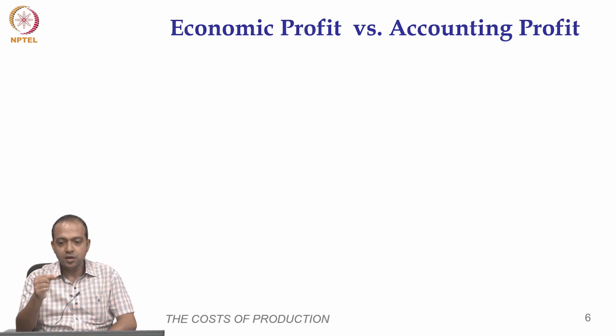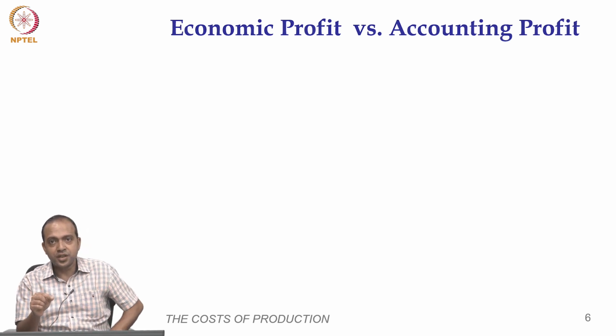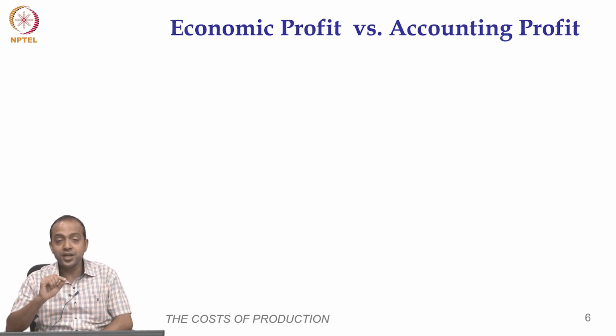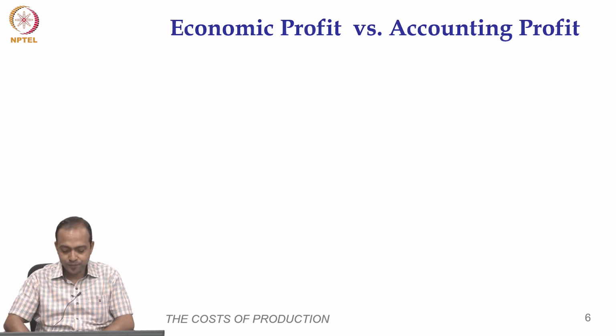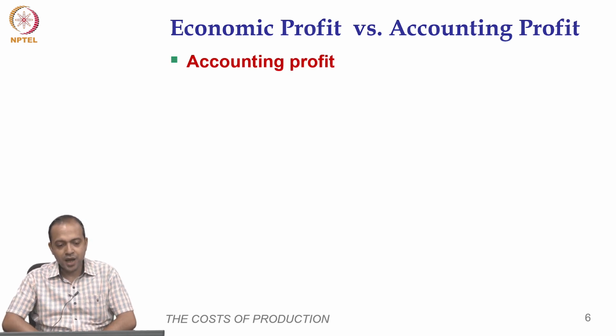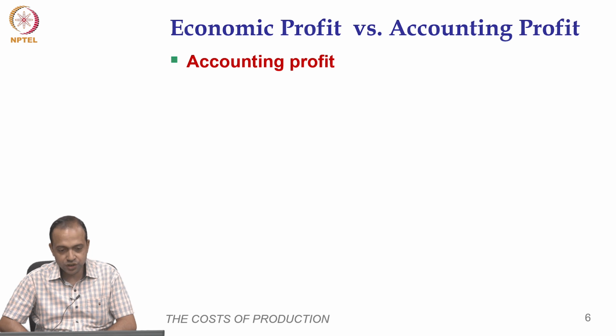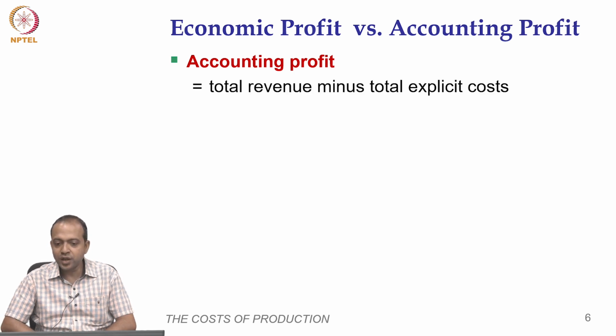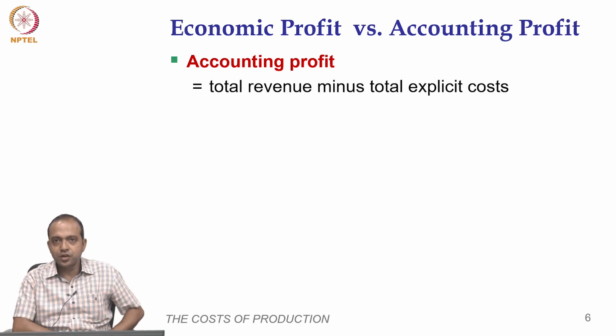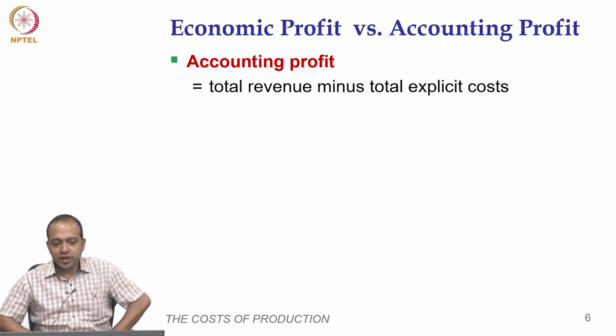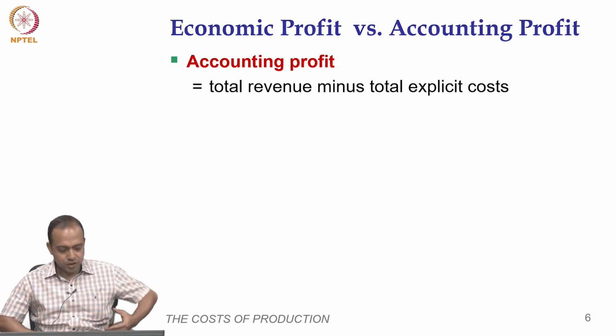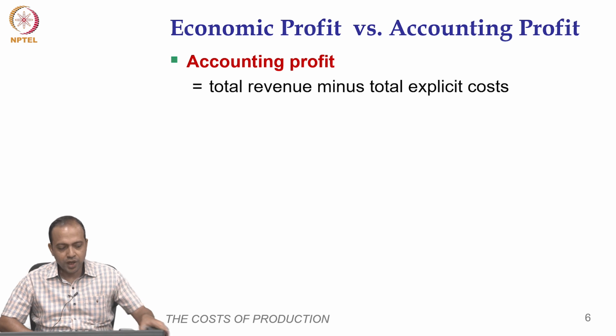That means profit defined by the accountants, and if you subtract total cost, implicit plus explicit, then that will give you the economic profit. Okay. So, accounting profit is total revenue minus total explicit cost.